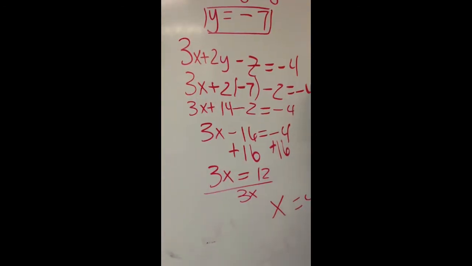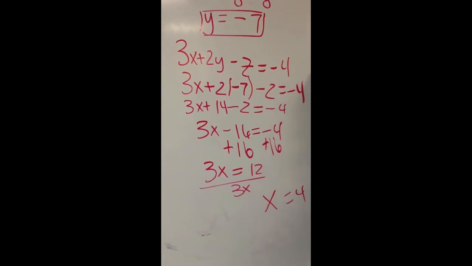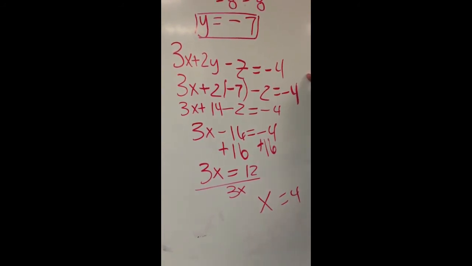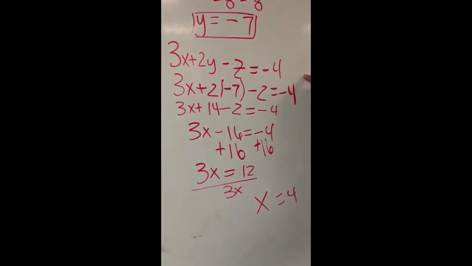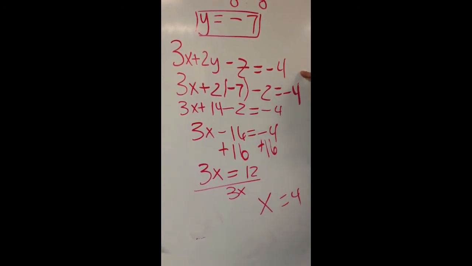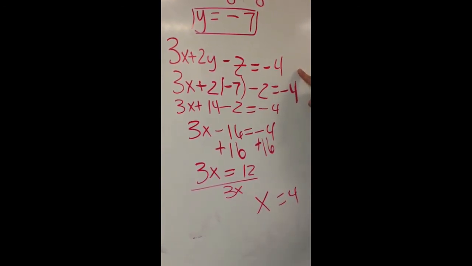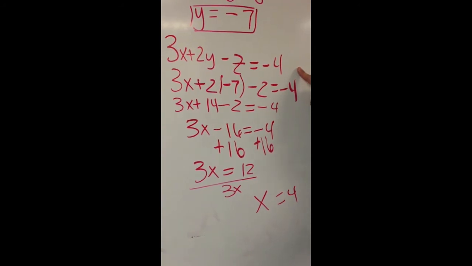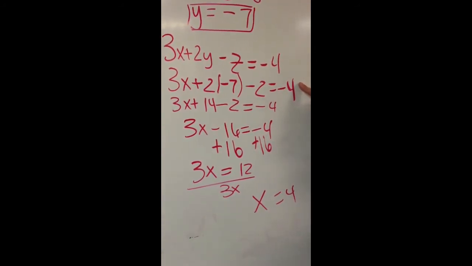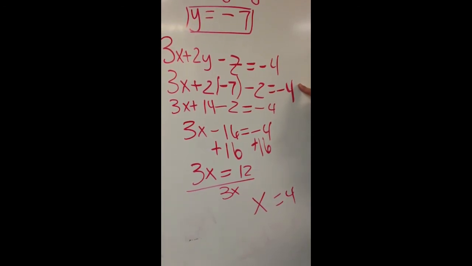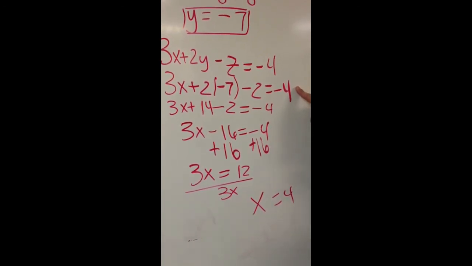You want to take one of the three equations and plug in to find x. So we got 3x plus 2y minus z equals -4. You're going to want to plug in the values, so it'd be 3x plus 2 times parentheses -7, minus 2 equals -4.